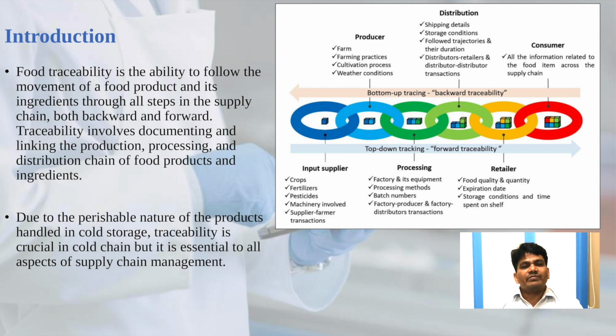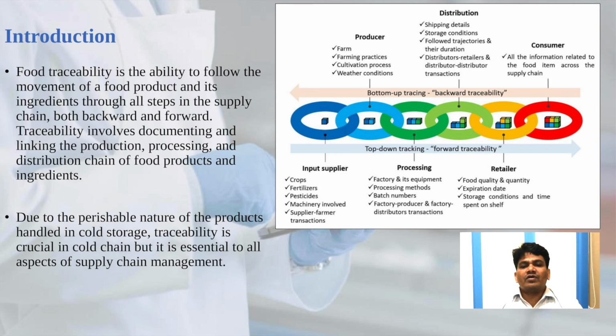So what kind of information is required and associated with the input supplier? We can have crop related information, what kinds of fertilizers are used during the production of the crop, pesticides, machinery involved, and supplier-farmer transactions. Many more parameters are also there which we can think of.